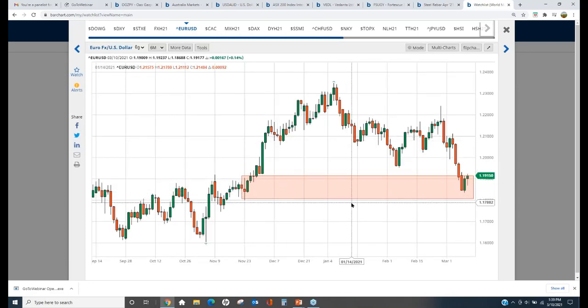And sure enough, here was an area of really good support for the euro dollar. Price was coming down into that area of support in terms of the currency, which would have given us an opportunity to look for buying opportunities in some European equities, or in this case, European indexes.